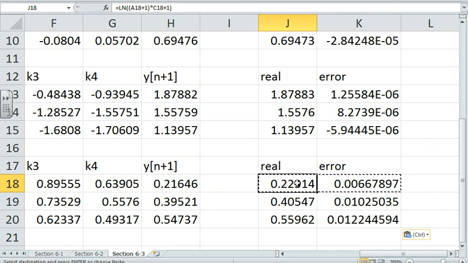So, natural log x plus 1. Okay, that looks like natural log x plus 1 to me. Natural log x h plus 1.